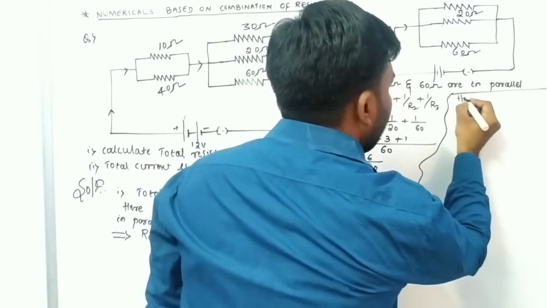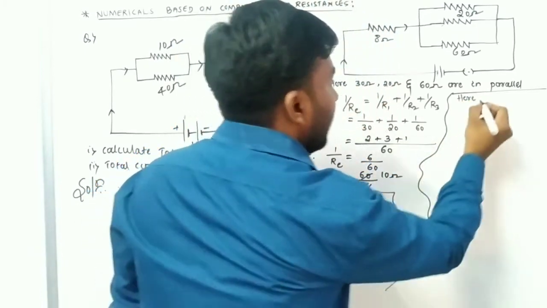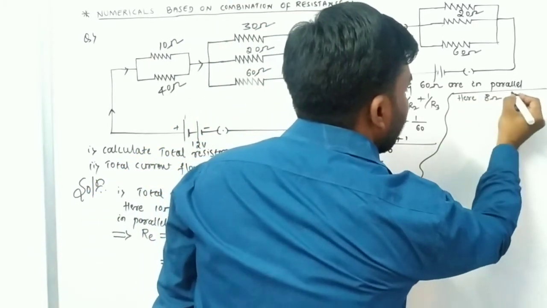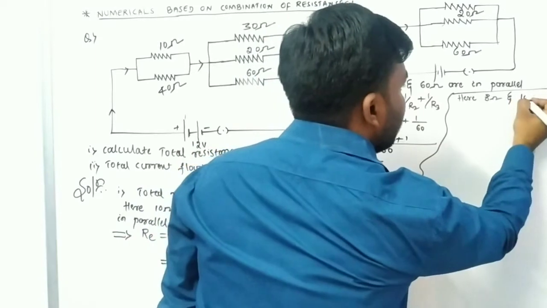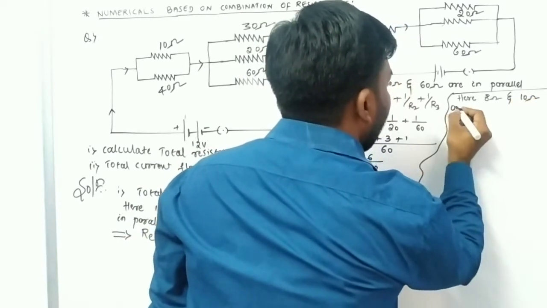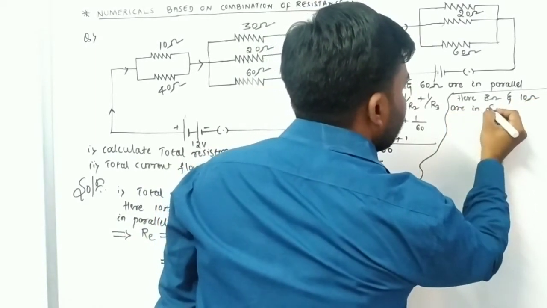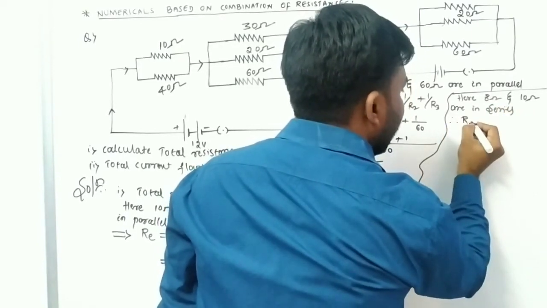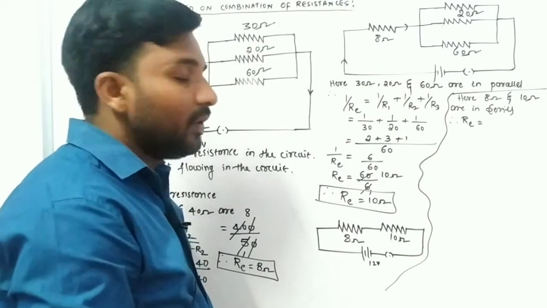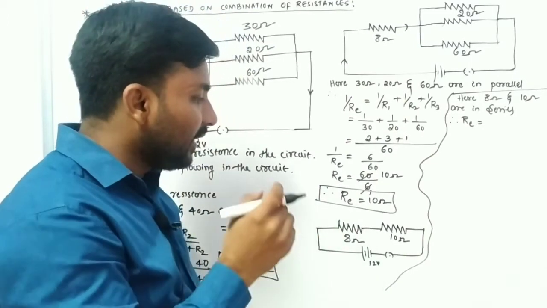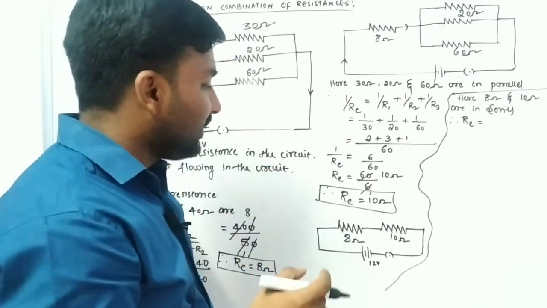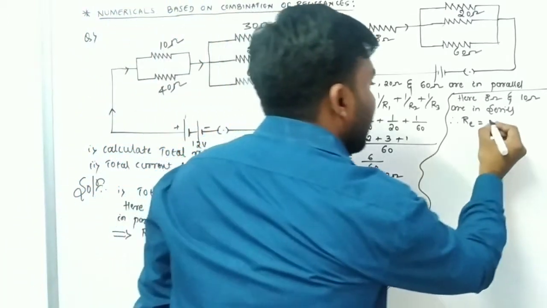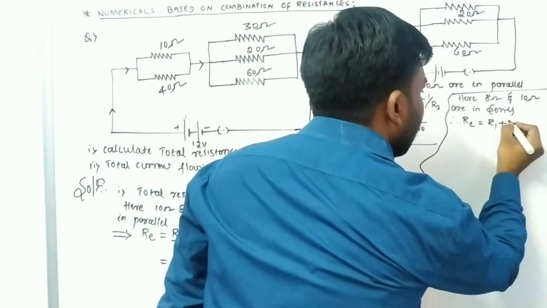Here 8 ohm and 10 ohm are in series. Therefore R equivalent is equal to, what is the formula for the equivalent resistance of resistors connected in series? That is R1 plus R2.